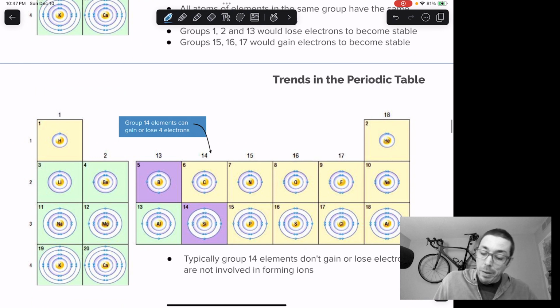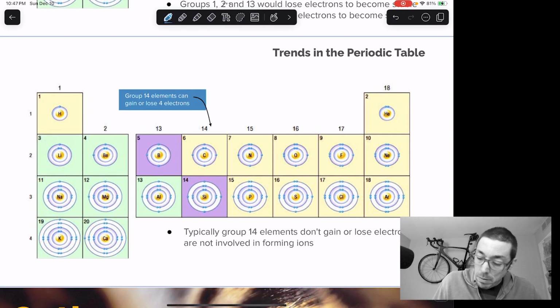The other group we haven't talked about is group 14, the group with carbon in it. It's rare. It does happen, but it's really rare that carbon or silicon will lose 4 electrons or gain 4 electrons, because that's just a lot. Energetically and physically, that's not something that happens too often. But it is possible.